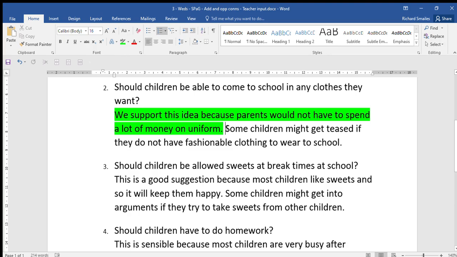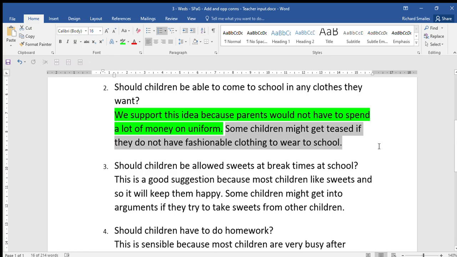Now, second sentence, let's read this carefully. Some children might get teased if they do not have fashionable clothing to wear to school. Because what happens if children can wear whatever clothing they want, then some children might start to wear more fashionable or more expensive clothing than others, and then you might start getting some children being a bit nasty and teasing others and saying, well, your clothes aren't very good, your clothes are old, they're grubby, that sort of thing.